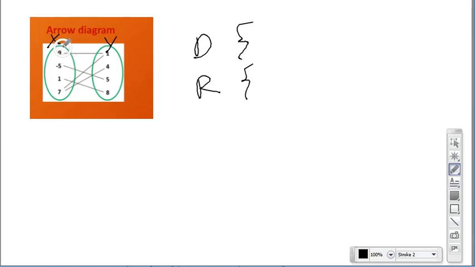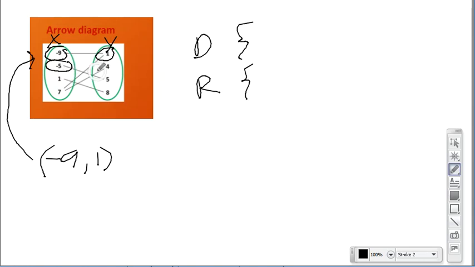The ordered pair here would be -9, 1. And that ordered pair has just been put in an arrow diagram.